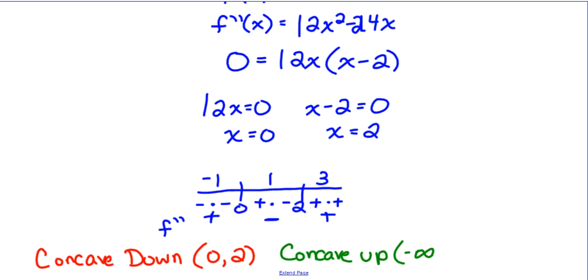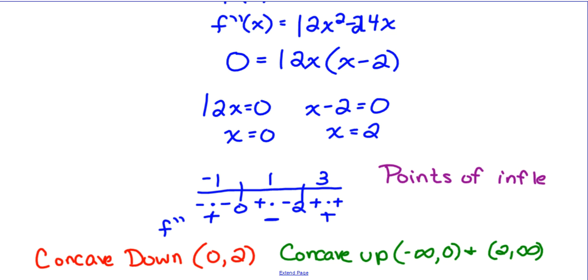And that is from negative infinity to 0 and from 2 to infinity. And I didn't formalize our points of inflection, but we found them up there. Let me just write it down. Points of inflection at x equals 0 and at 2.